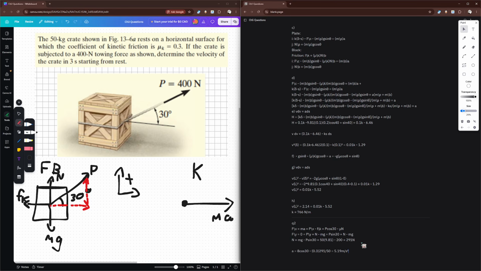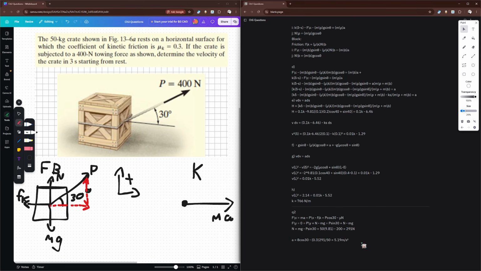Determine the velocity of the crate in 3 seconds starting from rest. So we can assume that this is a constant acceleration, which means you go back to our kinematics equations, right? And we want final velocity. Well, it starts from rest, so that means v naught is 0. And we want vf.